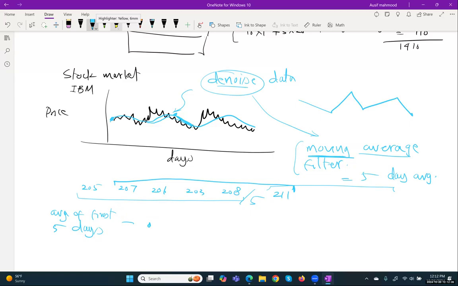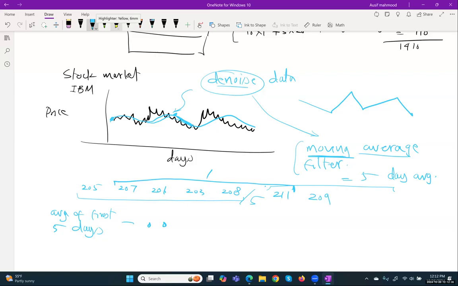We don't go to the next 5 days because then it would become discontinuous. So we go from the 2nd day to the 6th day and compute the average of these numbers, and that gives you your second data point, meaning the average of 207 plus 201 plus 203 plus 208 plus 211 divided by 5.